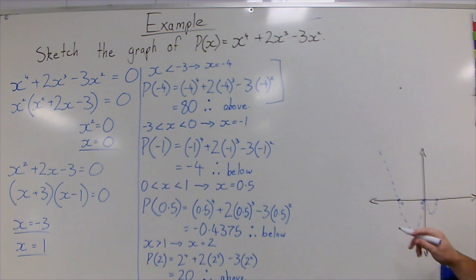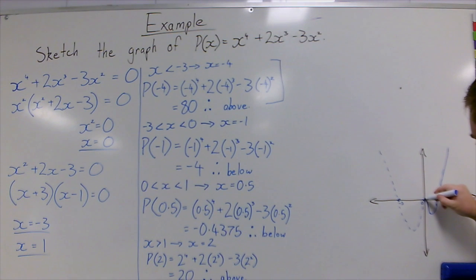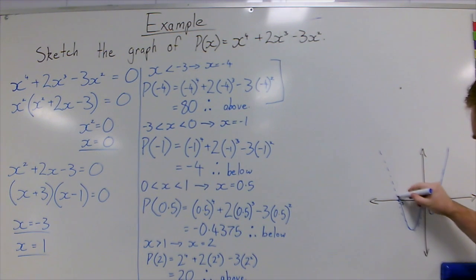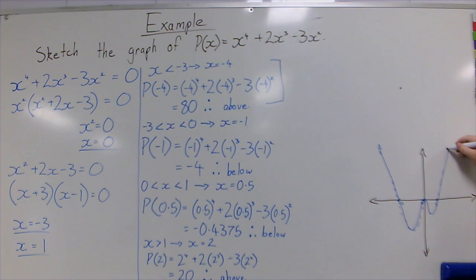And the last thing is that after 1, I know that it's going to be above. Alright, so we get our rough shape, and then we're just going to draw it in. So we get a rough looking shape like that.